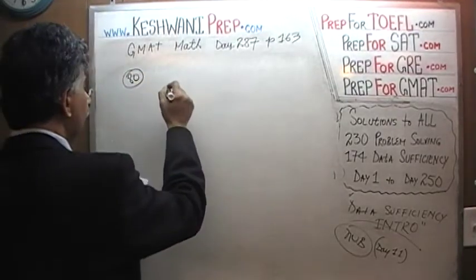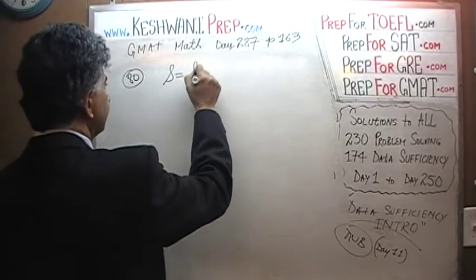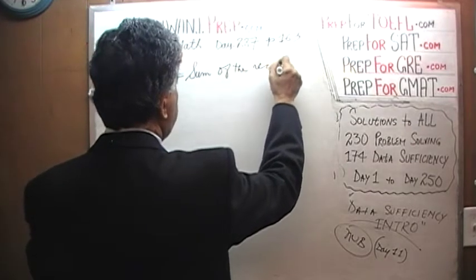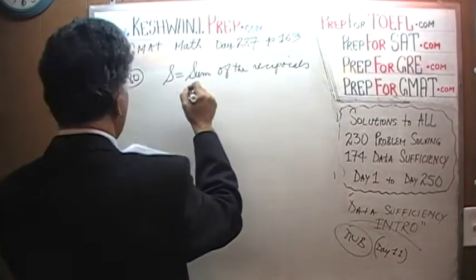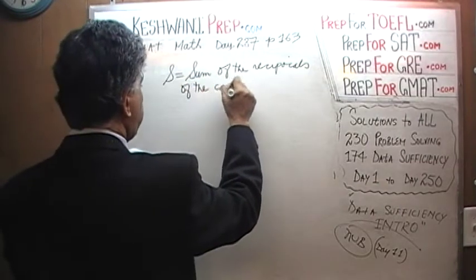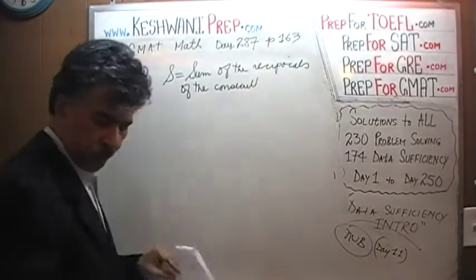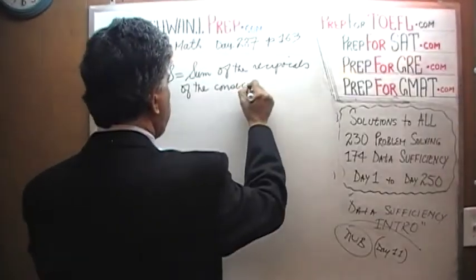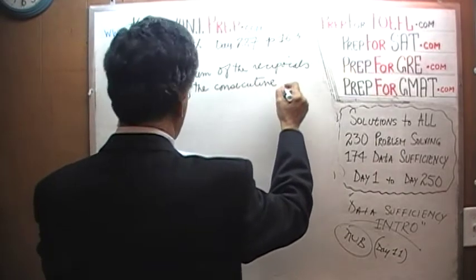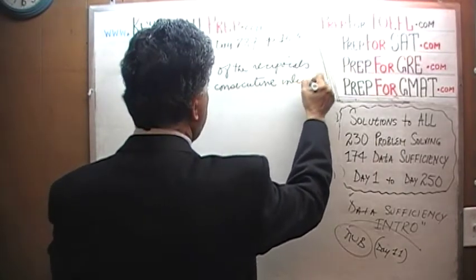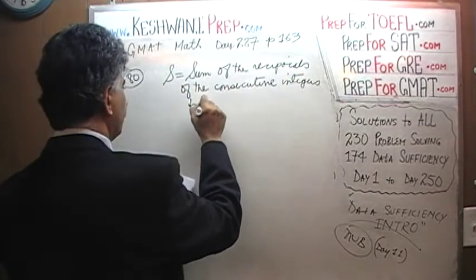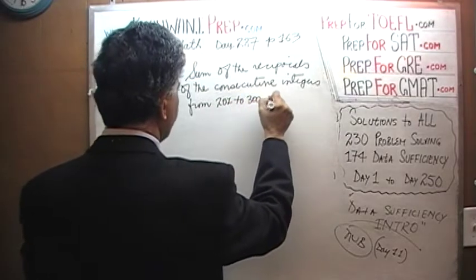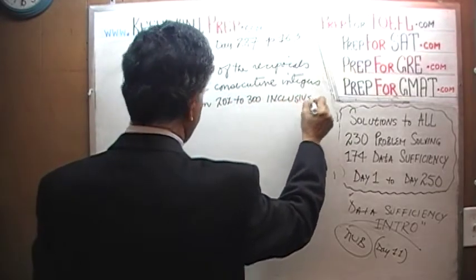Number 80. We are told that S equals the sum of the reciprocals of the consecutive integers from 201 to 300 inclusive.